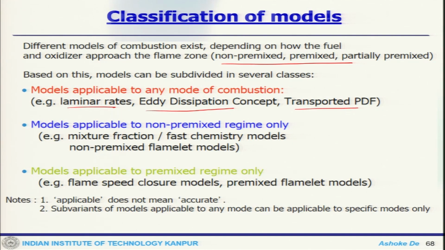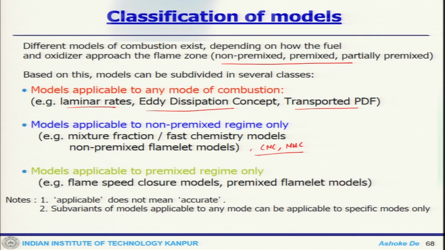Theoretically, when we look at the theoretical description, these models can ideally be adapted for any mode of combustion, whether it is premixed, non-premixed or partially premixed. Now, there are some models which are applicable to the non-premixed regime only, that is mixture fraction or fast chemistry model, flamelet based model, CMC, MMC. These are primarily used for the non-premixed regime. Rather, they are quite good for this regime.